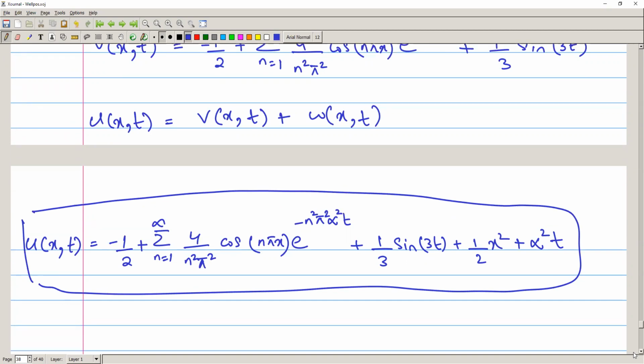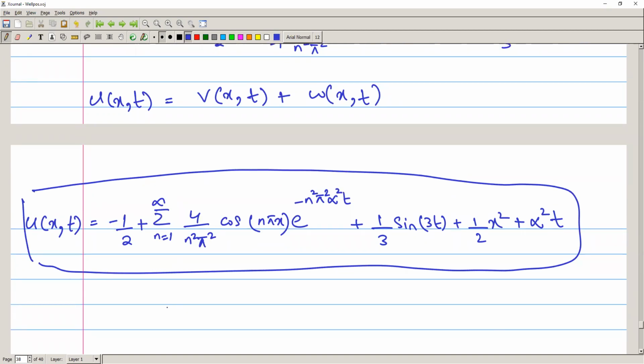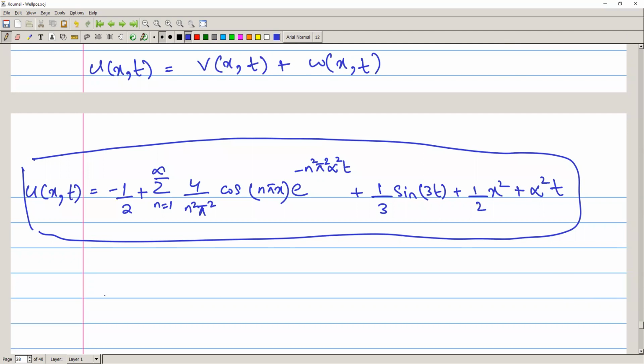All right, so we can verify this solution by applying the boundary conditions and by using the initial conditions as well, right? If you want to apply the boundary conditions, first of all, we need to find u x. Then we will apply the conditions, that is u x of 0 comma t is equal to 0 and u x of 1 comma t is equal to 1, right?